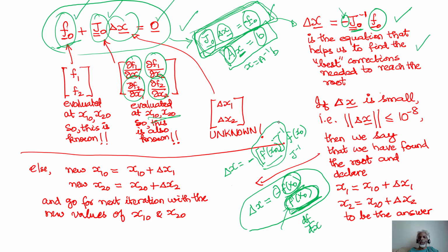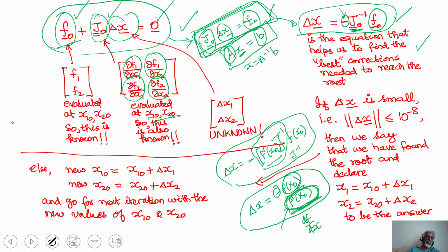So there is a beautiful analogy between the single variable case and the multivariable case. So I hope this equation is something we understand. What we should keep in mind is the delta x, the correction vector, is going to be equal to the negative of the Jacobian inverse multiplied by the function, with the Jacobian and the function evaluated at the current values of x.